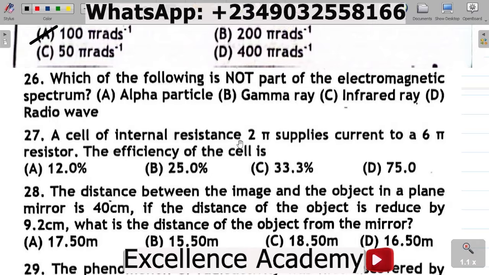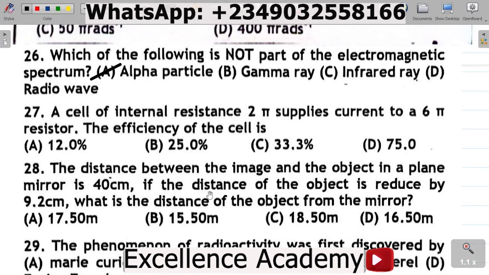You also have infrared. You also have UV rays. So with all of this mentioned here, you want to also note that alpha particle is not part of it. Gamma rays has been mentioned, infrared rays is there, radio wave is there, but alpha particle is not there. So alpha particle is not part of the electromagnetic spectrum.